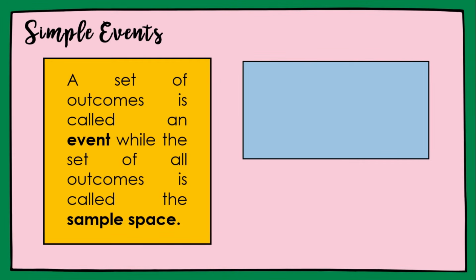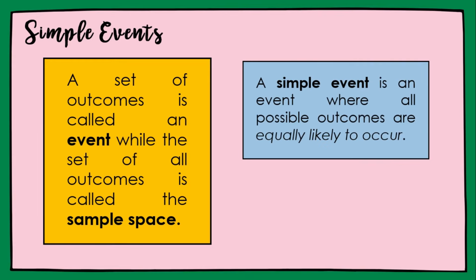Let us define first what a simple event is. A set of outcomes is called an event, while the set of all outcomes is called the sample space. In general, any subset of a sample space is called an event. A simple event is an event where all possible outcomes are equally likely to occur.